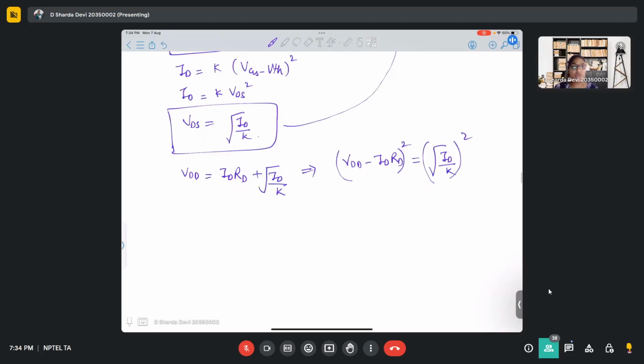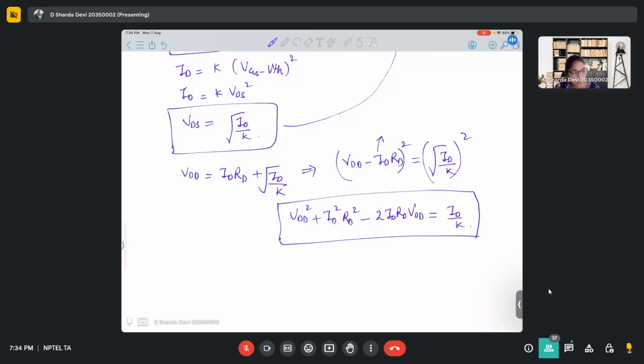With this we'll get a quadratic equation where the variable will again be ID. The equation will be VDD square plus ID square RD square minus 2 ID RD VDD equal to ID by K. So we have to solve this equation with respect to ID.